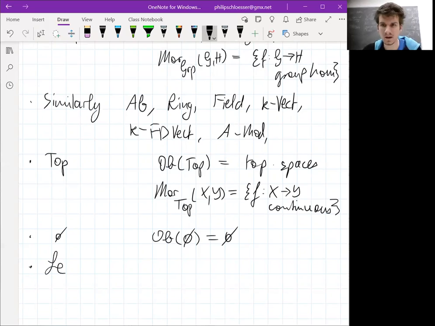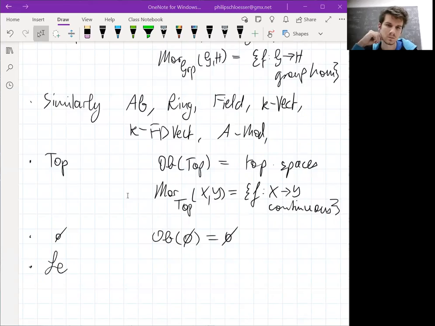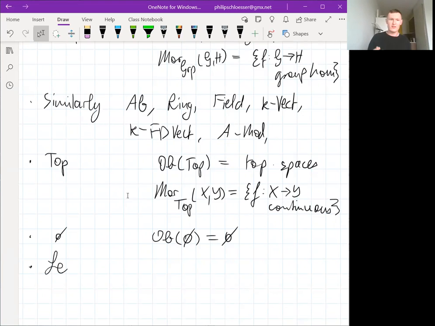I'm sorry, can I interrupt? Yes. Those topological spaces, how much structure do they have? Are we just talking about the bare basics, set theoretical topology, or also more? So a topological space just means it is a set with a topology on it.